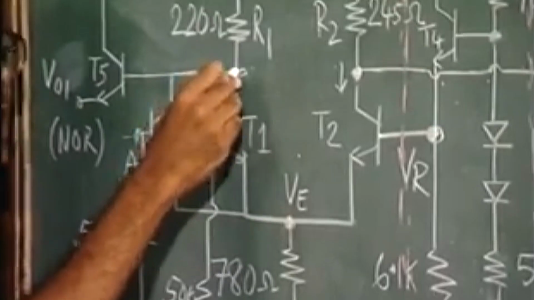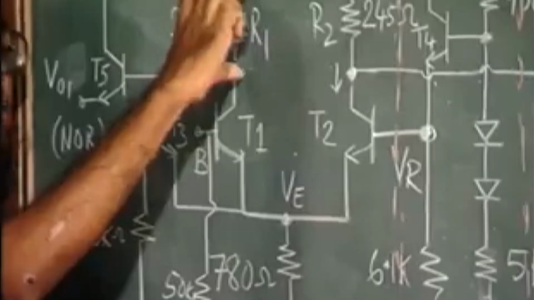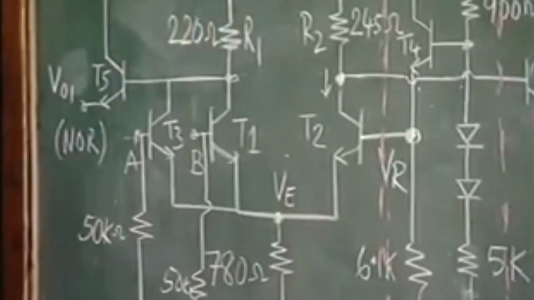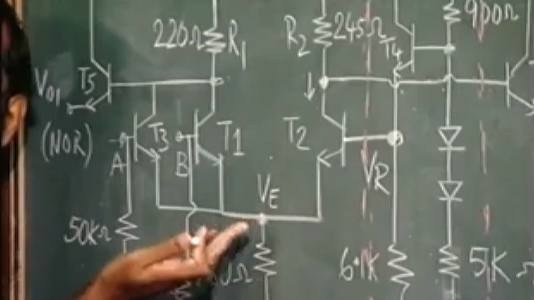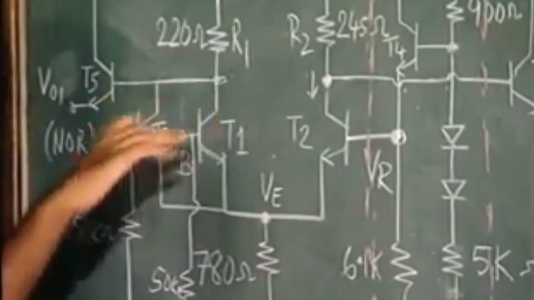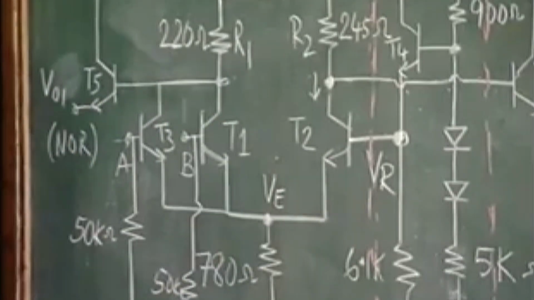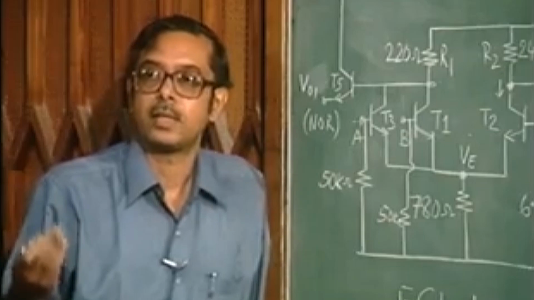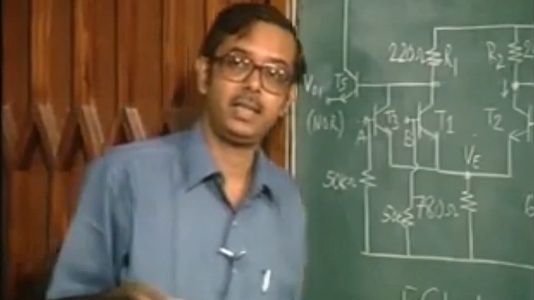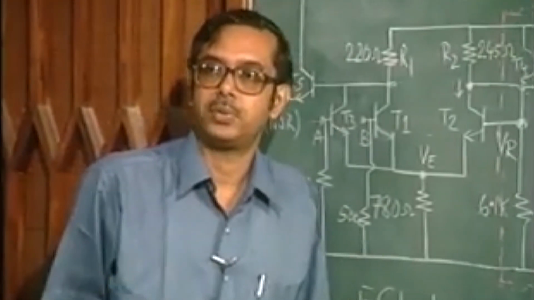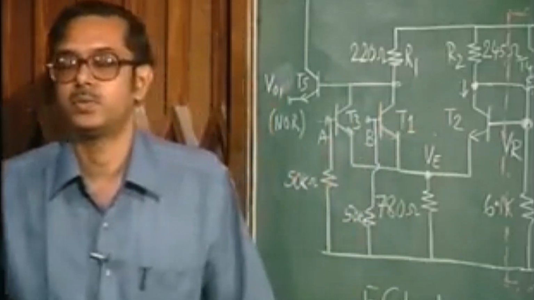So, what happens to the collector voltage? Collector voltage decreases because the drop across this collector resistance increases. So, as you go on increasing the input voltage, the emitter voltage increases whereas the collector voltage decreases. So, what happens to VCE? The VCE goes on reducing and ultimately the transistor will go to saturation, okay, when this VCE becomes about 0.2 volts.